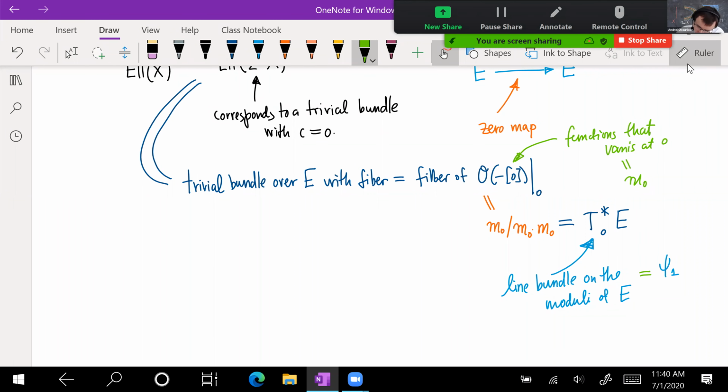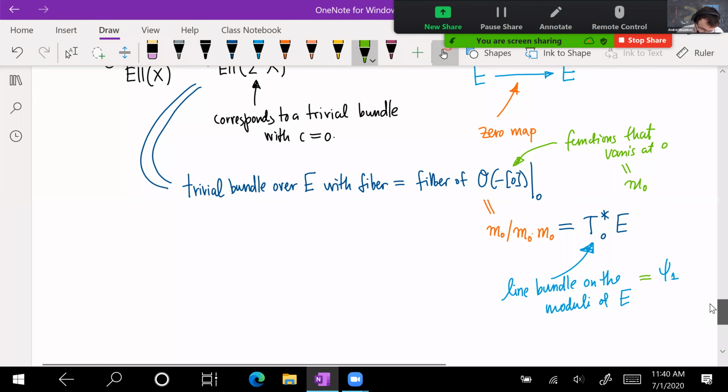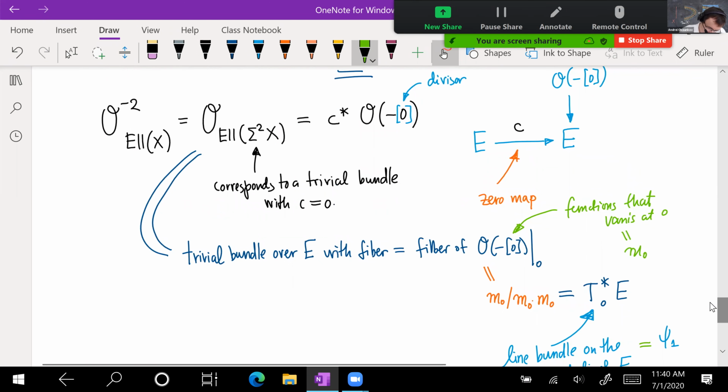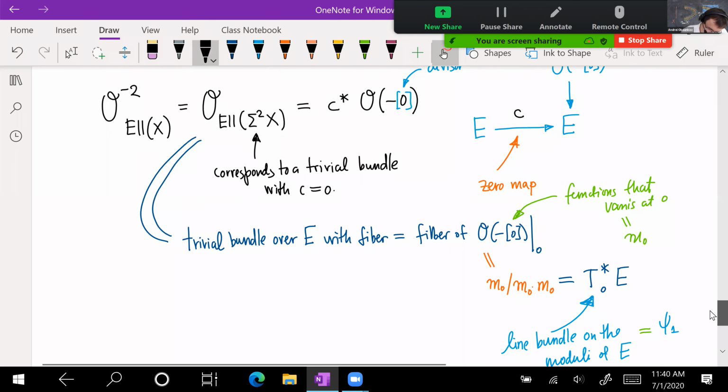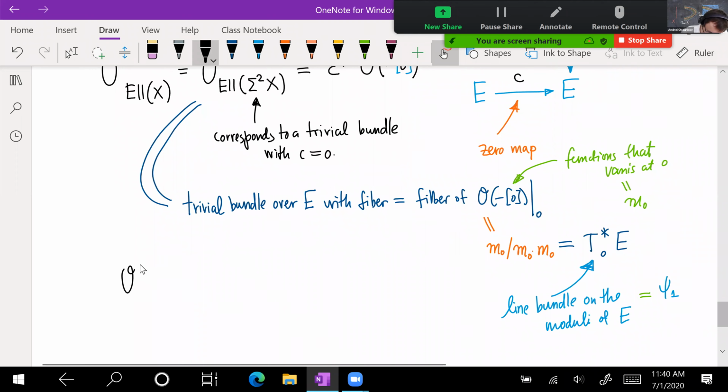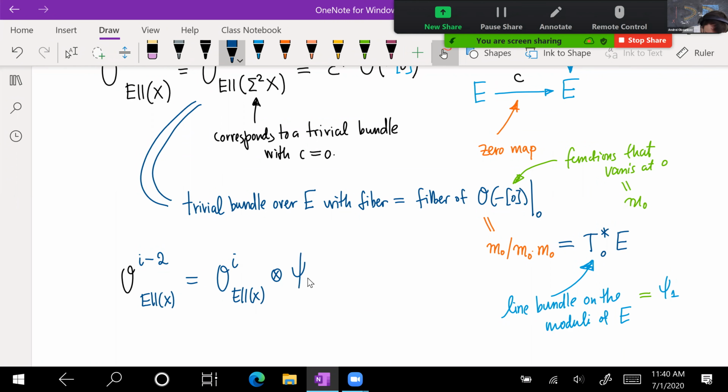And so this says that if I want to compute O of minus 2k or whatever, it is the same as O of Lx all times this psi1.